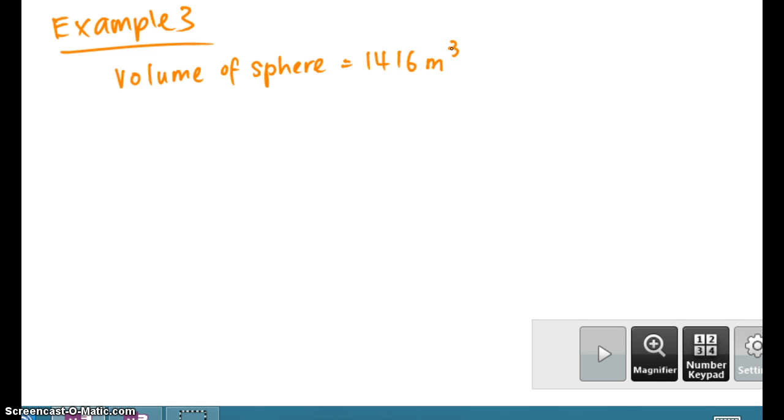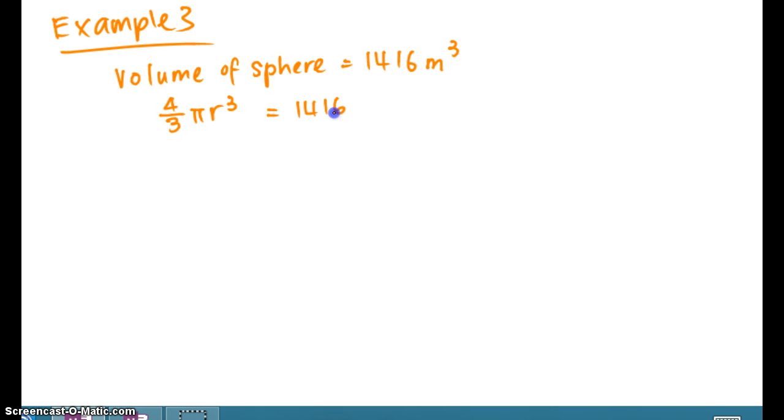With this, we can now form an equation. Volume of sphere is calculated by 4/3 pi r cubed. In subsequent working, you can omit, which means leave out, all the units until the final step.